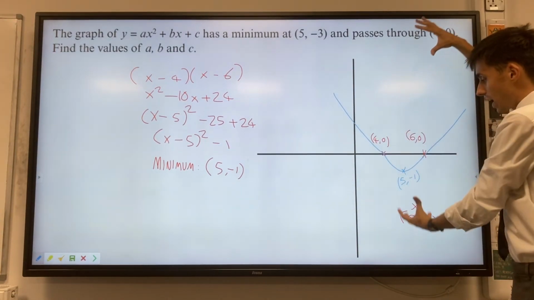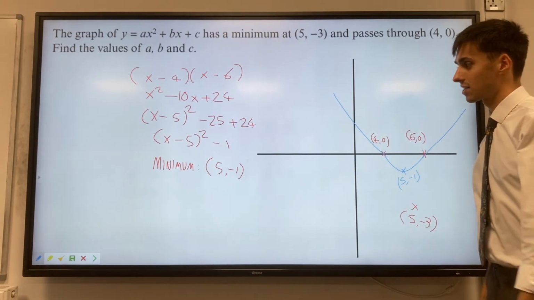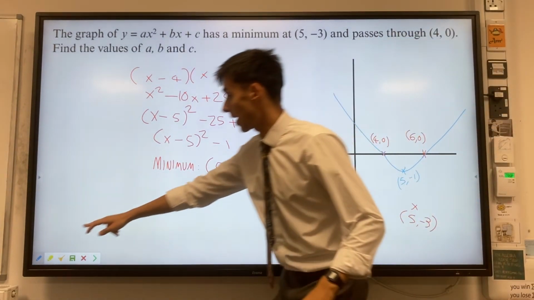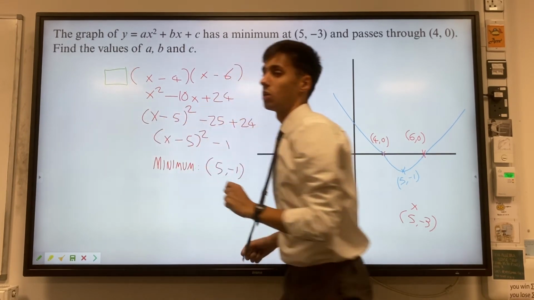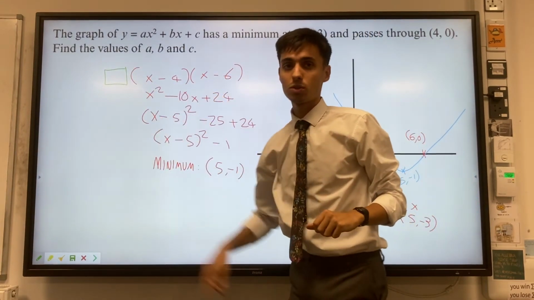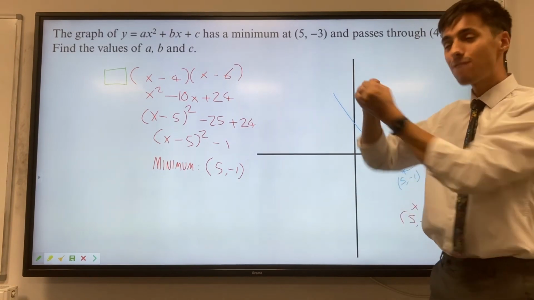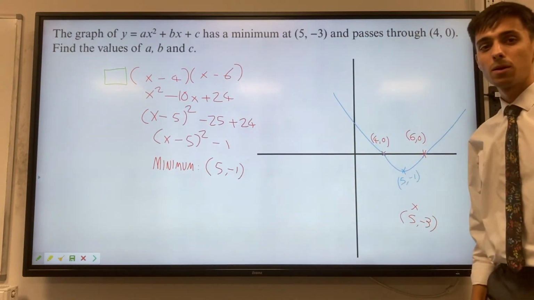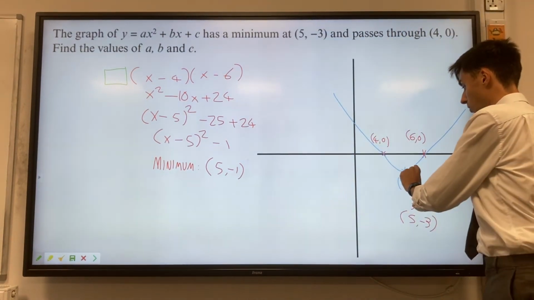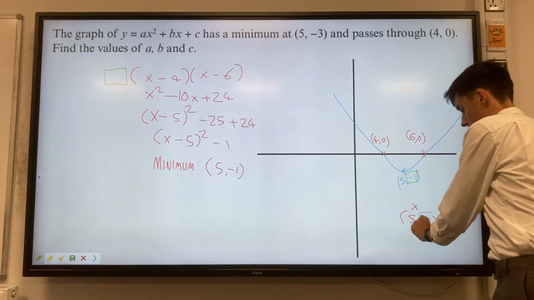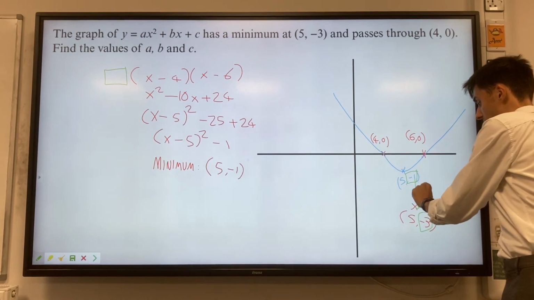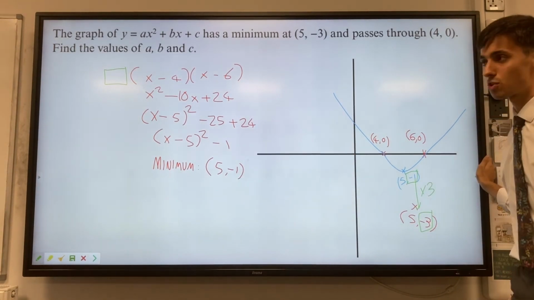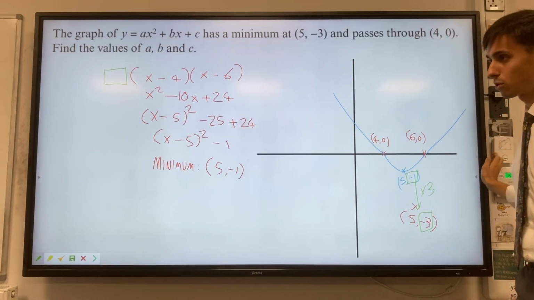We need to stretch our graph out on the y-axis, and the way that we do that is by introducing a coefficient in front. We need to think about the factor of this stretch. And to do that, stretching from minus 1 to minus 3, we need to stretch by a factor of 3 times, don't we? We need to stretch it out 3 times.